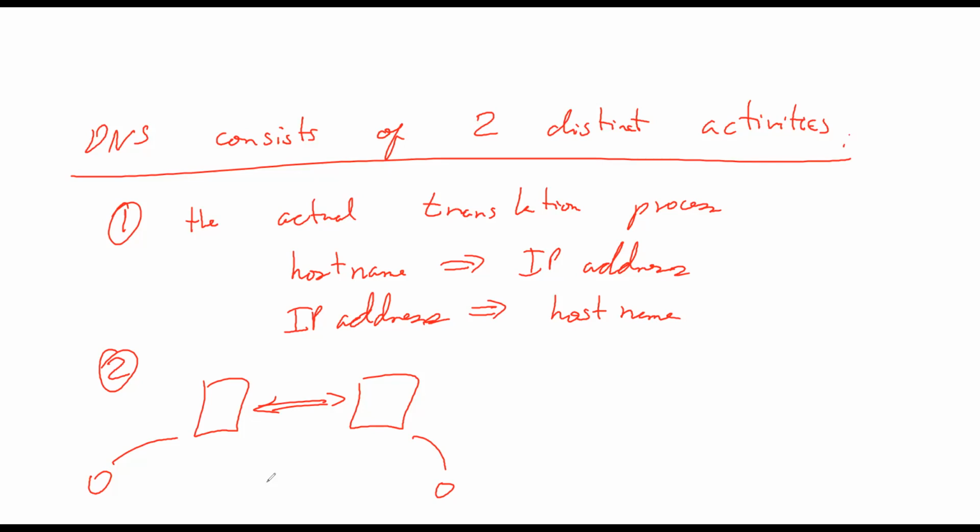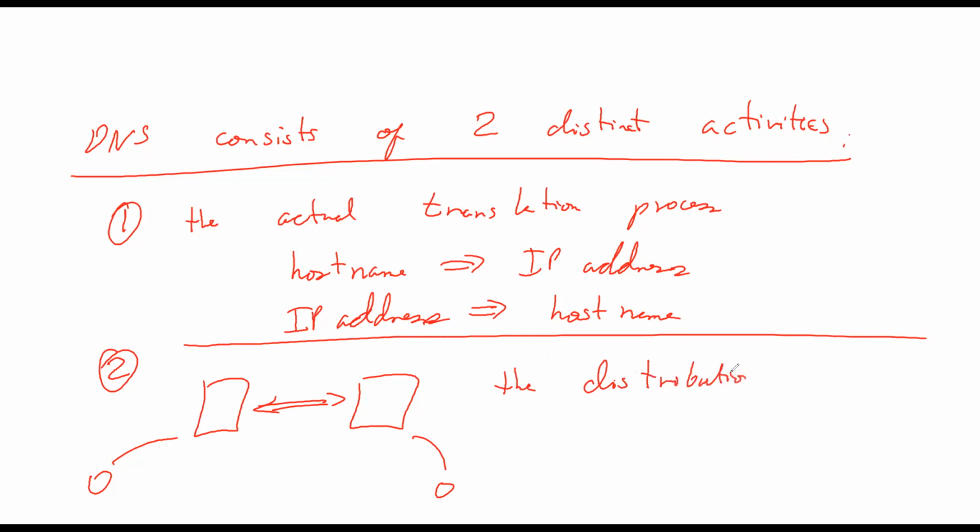So the second activity would be the distribution mechanisms for the underlying translation data.